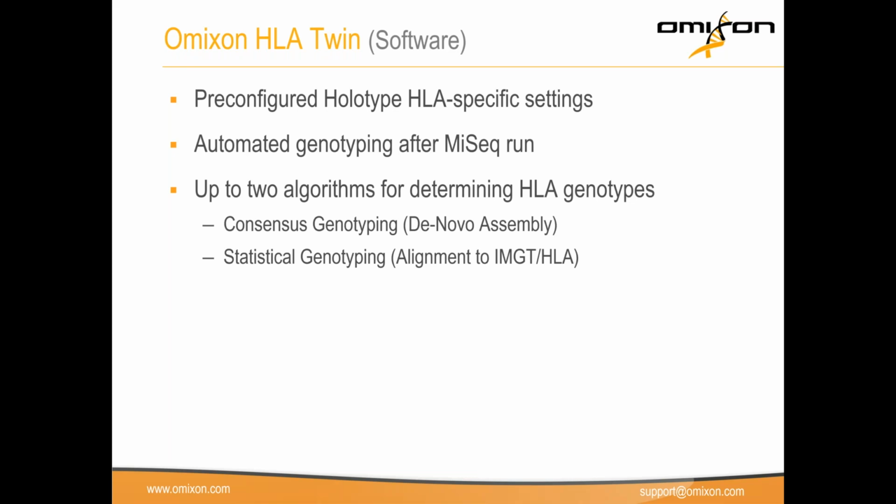It takes all the sequencing reads from the MiSeq, and then it makes one long contiguous consensus based upon all these sequences. It does not use the IMGT yet, it does it blindly. And then it goes to the IMGT to find the best match. So this one is very strong to find novel alleles, to identify properly the full-length alleles.